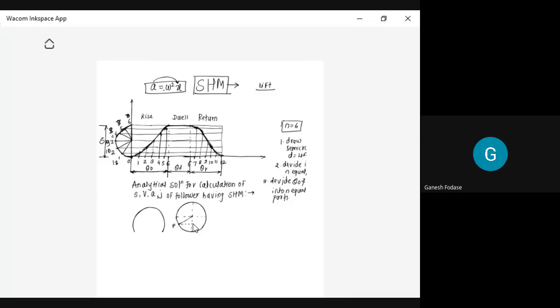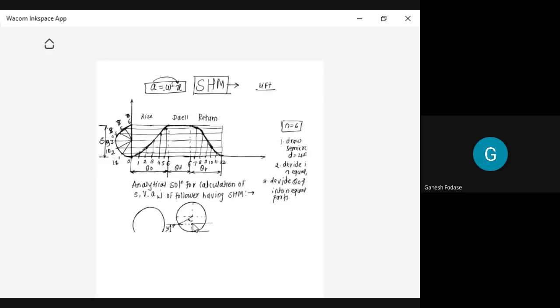At any instant, when the cam turns through angle theta, the displacement is y. This is the y displacement when the cam turns through theta angle.